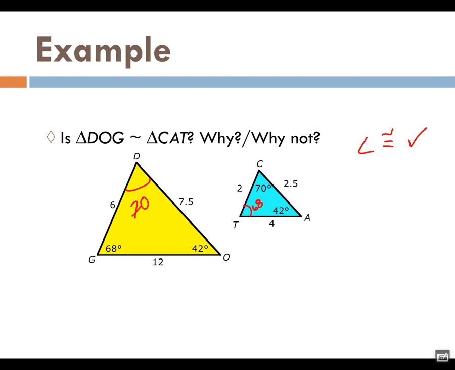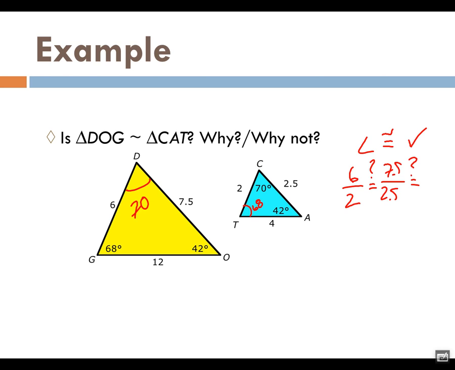Yes. You got to be careful that you match up the correct things. We're matching up dog to cat, which means D goes to C, O goes to A, and G goes to T. So let's start with DG. What corresponding side is DG? CT. And I'm wondering if that's the same thing as 7.5 over its corresponding side, 2.5.